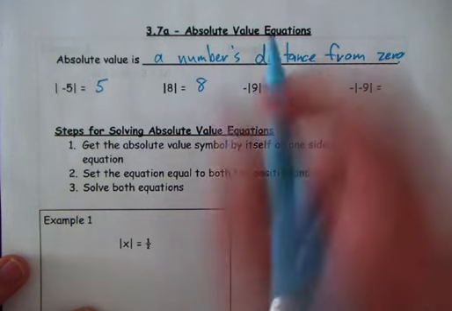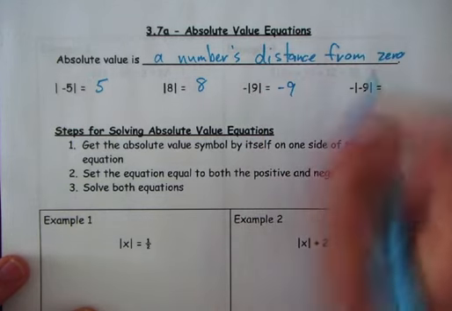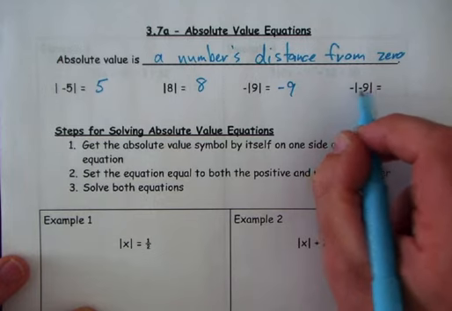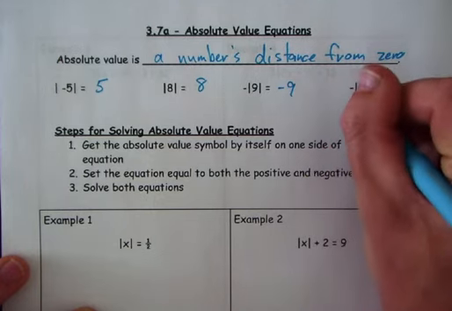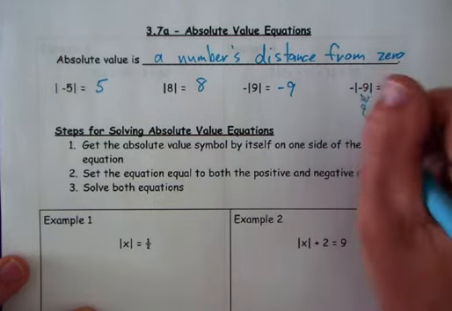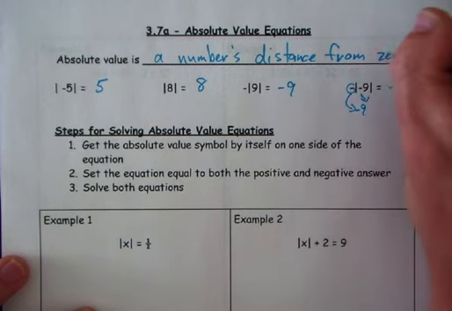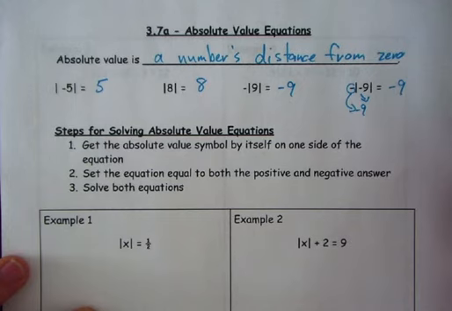Negative absolute value of -9: the absolute value of -9 is +9, but we still have this negative, so -9 is our answer.